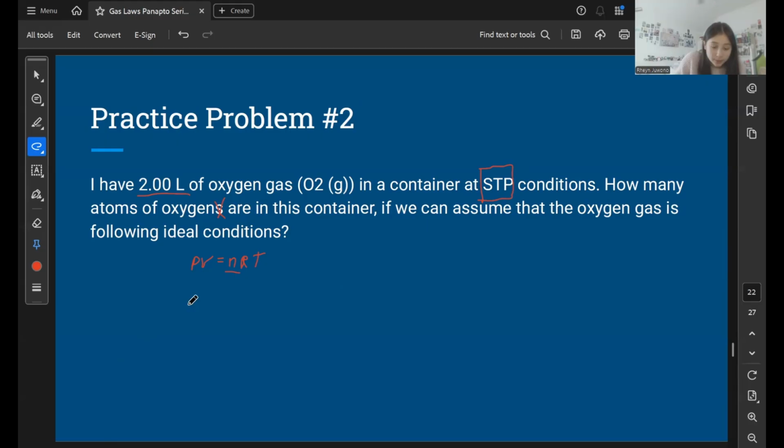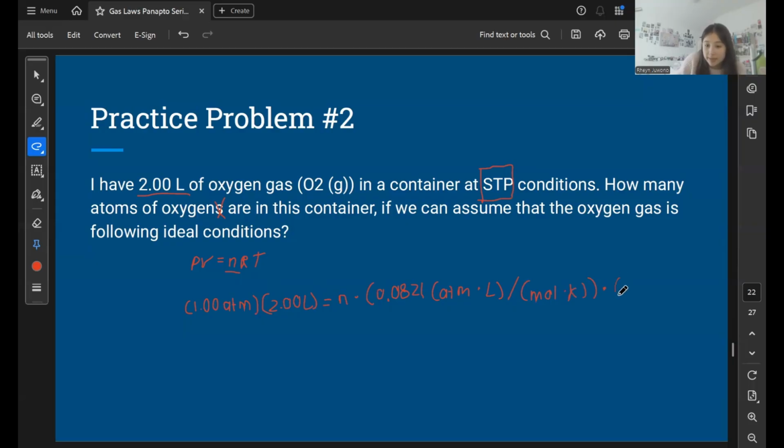So our pressure is going to be 1.00 atm times 2.00 liters is going to be equal to our n times our constant 0.0821 liters atmospheres over mole Kelvin.